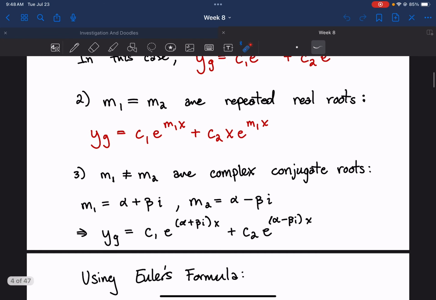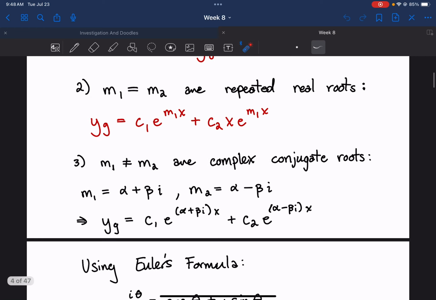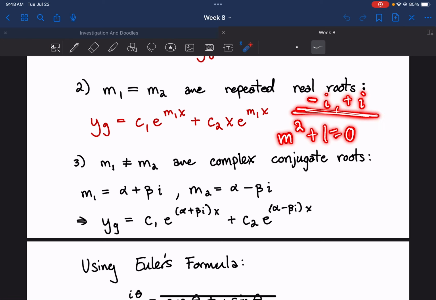And last but not least, if m1 and m2 are complex conjugate roots, so for example, if our equation looks like m^2 + 1 = 0, then your roots are minus i and plus i, plus and minus i. These are complex conjugate roots.